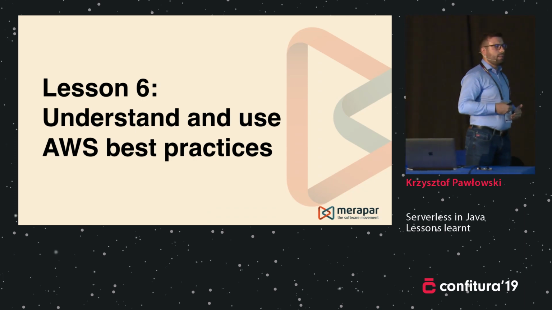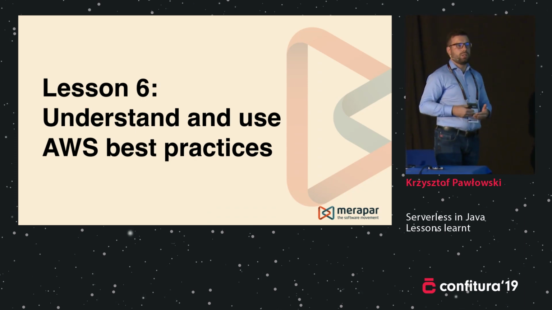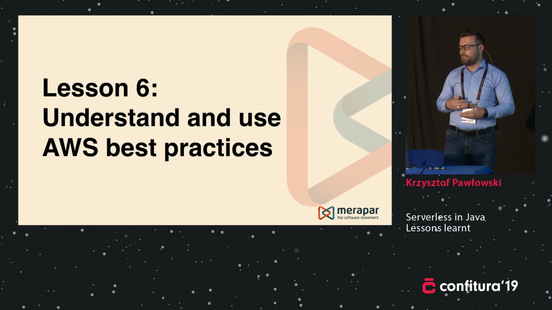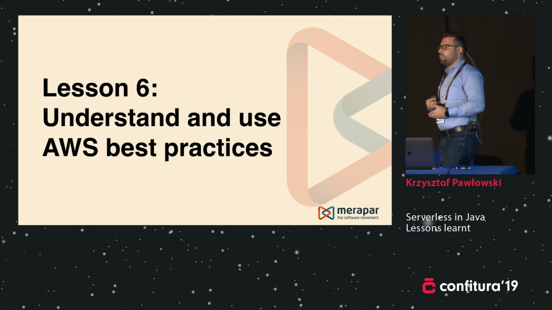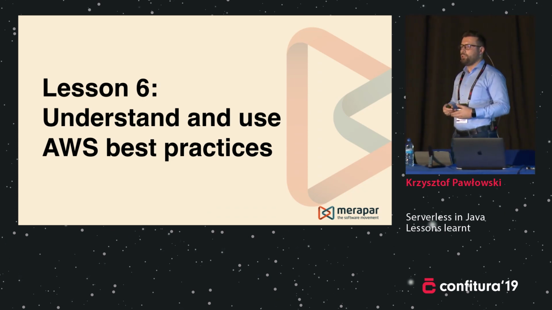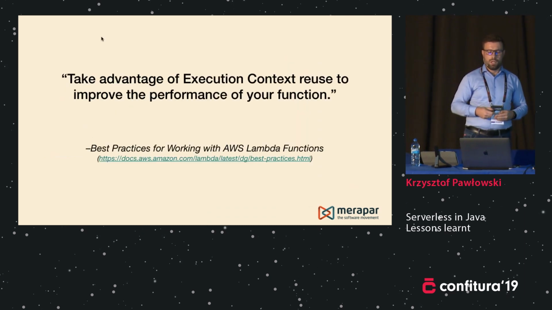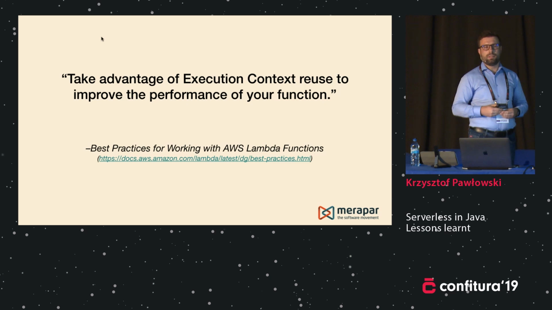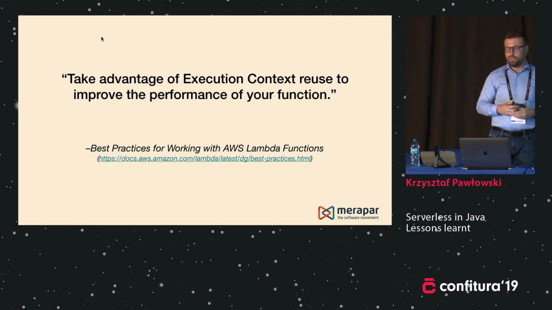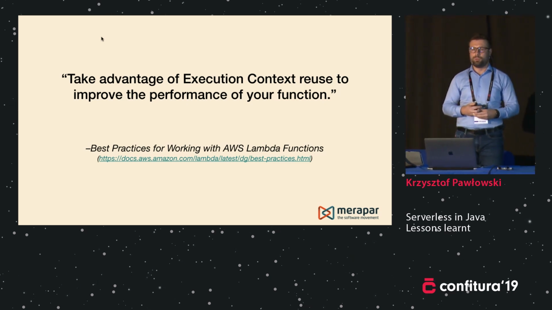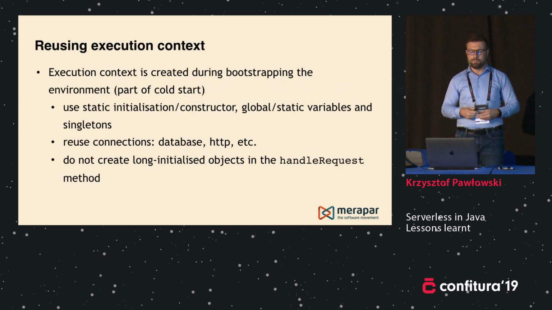But in the case of AWS, those practices and recommendations are really practical and will help you a lot and help you avoid a lot of problems. The first one is to take advantage of execution context reuse to improve the performance of your function. So what does it mean?